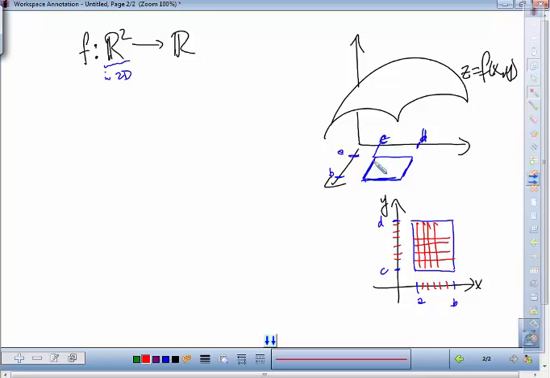Now imagine these cuts over here. Those are just little hash marks.